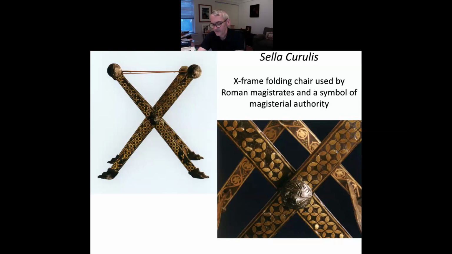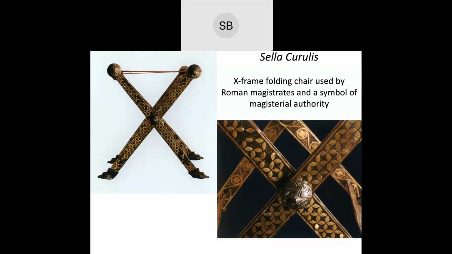Basically, it's just this X frame, and it's continued to be used even today. In fact, I have chairs in my kitchen that have the same design. It was used for the pharaohs and the kings, for royalty, and it was mobile, so you could collapse it and bring it with you.